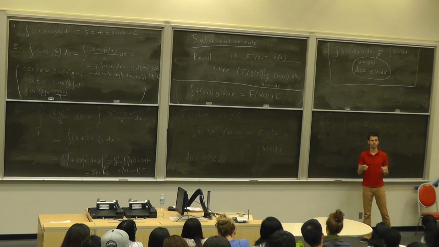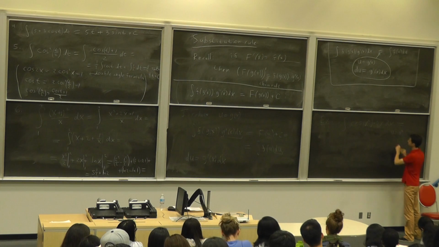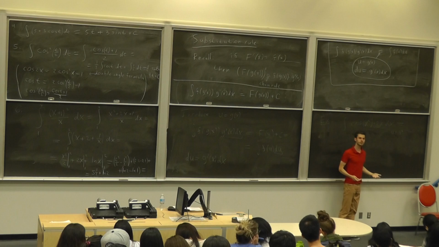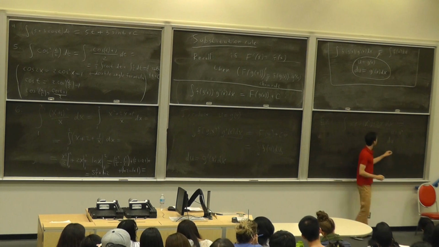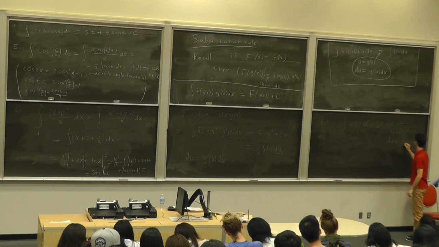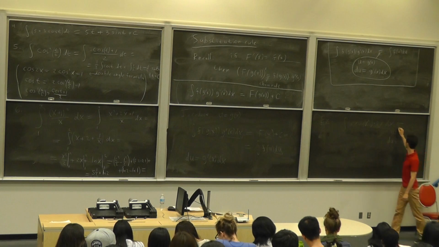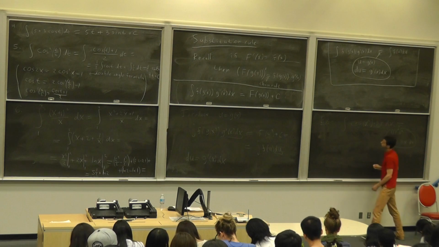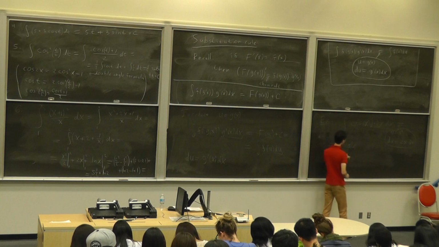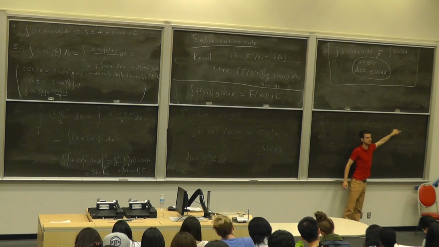It's cosine, but not of x, but rather of x squared. And the remaining part, 2x times dx, is just du.